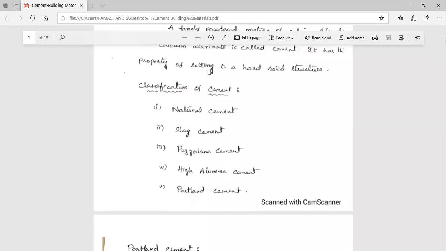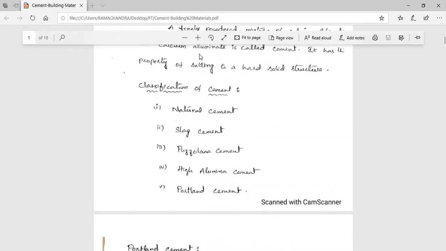So next we see high alumina cement. It mainly has calcium aluminate and is prepared using limestone and bauxite, maintained at a temperature of 1550 to 1600 degrees Celsius.